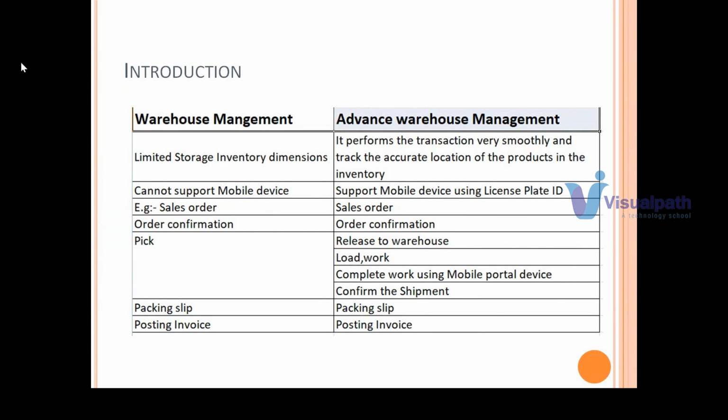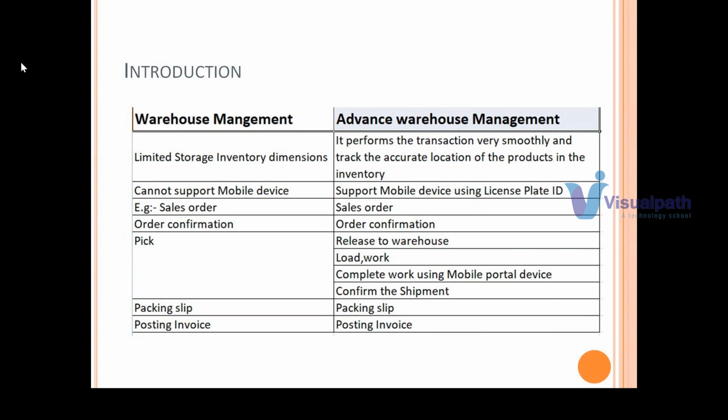During that, we have load creation and work creation, and there we also use the mobile portal device. We have two options when we use the mobile portal: the web application mobile portal device, and also a warehouse management application that we can use through our mobile and tablets, or a system as well.